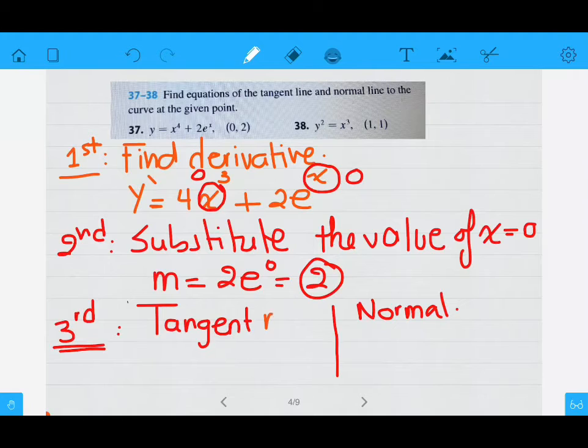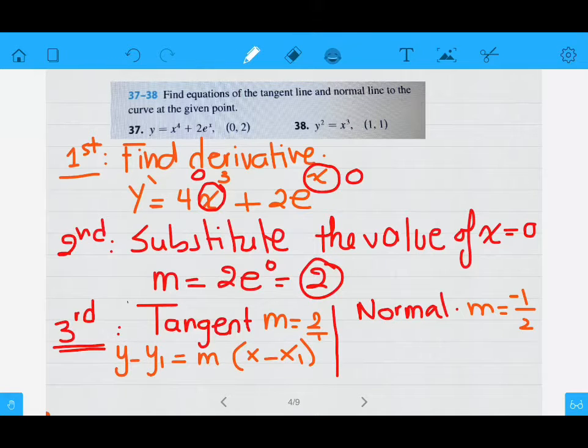m here equals 2. Here for the normal, m equals, we write it over 1, we flip it, we have 1 over 2, and here minus. Now I substitute in the equation y minus y1 equal m times x minus x1.